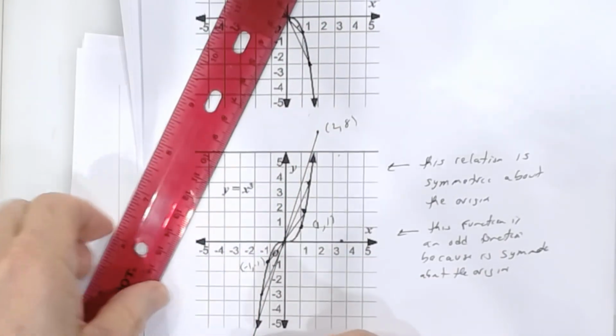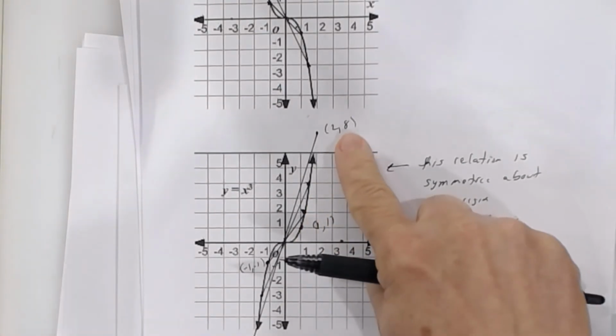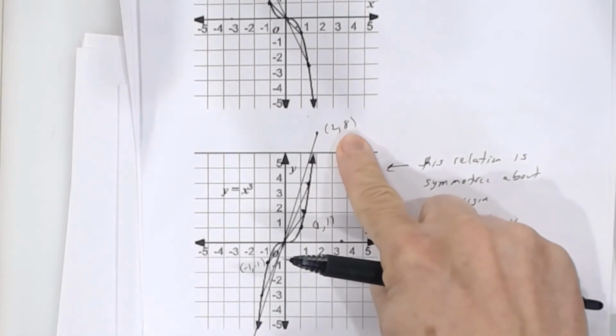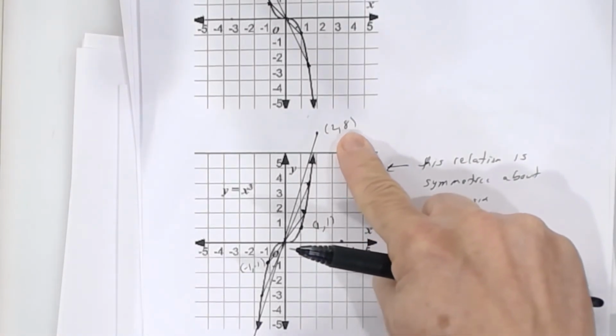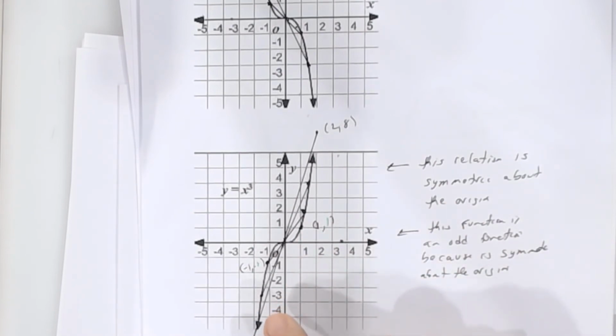But what point should this be right here? Negative 2, negative 8. So when you're talking about odd functions, if the point 2, 8 is on the graph, then what other point better be on that graph? Negative 2, negative 8.